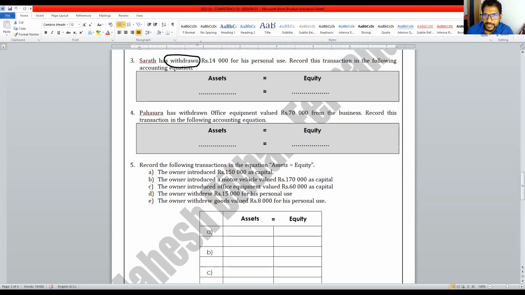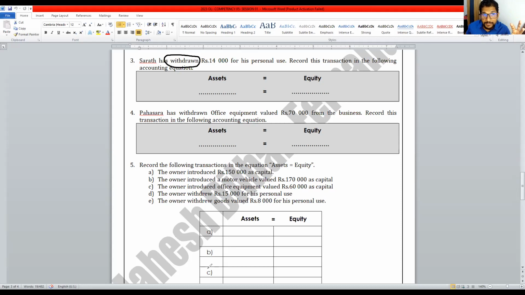Who can tell me the impact of this transaction? Anybody in the class? When Sarath introduced, what did we do? We added 300,000 to assets, and equity also increased by 300,000.